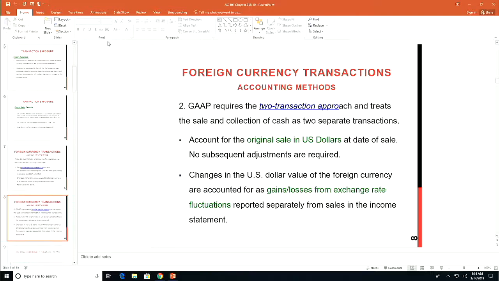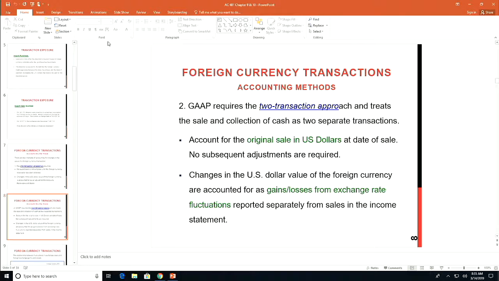Rather, we follow the two transaction approach, or two transaction perspective. So let's try to understand this two transaction approach. It means that when you make any sale, you ship your goods to Germany, say, or any European country. The moment you ship your goods, you earn the revenues.